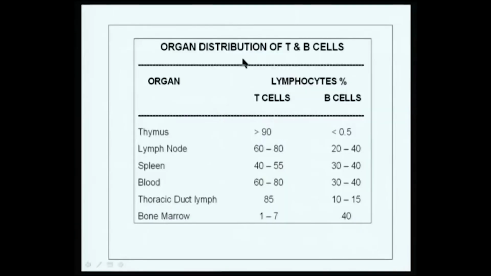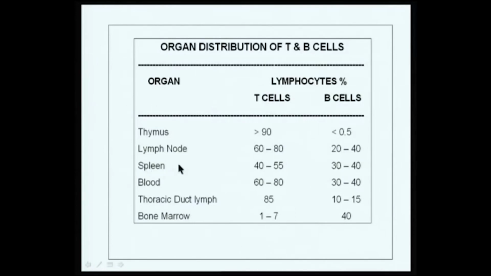So, when we look at these different types of lymphocytes, the contribution of the percentage of lymphocytes that are present in these different organs is shown in this slide, where you look at the organ distribution of T and B cells.